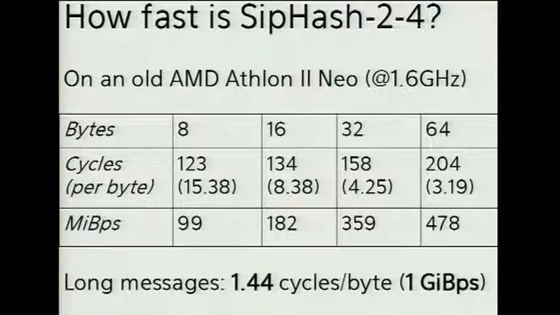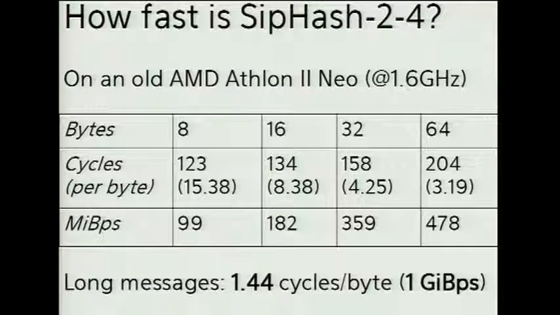So you see the more bytes per message you hash, the faster the hashing rate, because the overhead of initialization and finalization is reduced. And if you hash very long messages, like 1 megabyte messages, it's as fast as about 1.44 cycles per byte, which means 1 gigabyte per second.